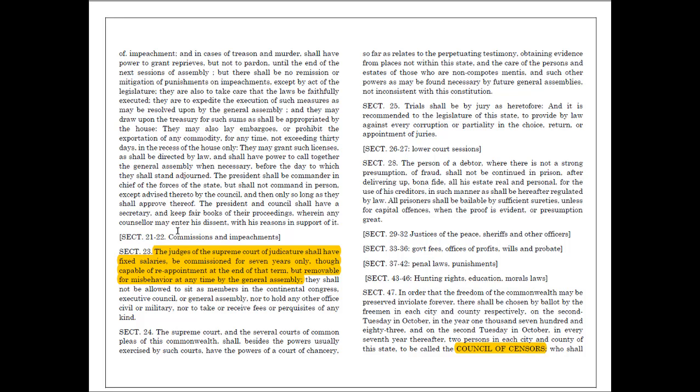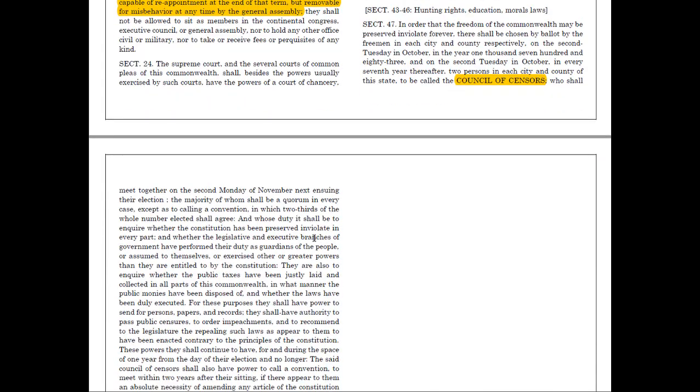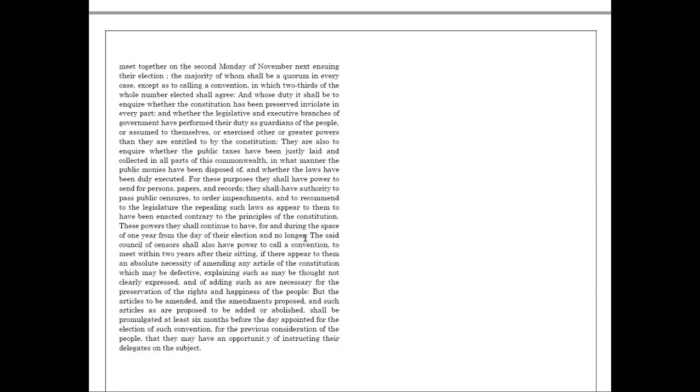It reads, "In order that the freedom of the Commonwealth may be preserved inviolate forever, there shall be chosen by ballot by the freemen in each city and county respectively on the second Tuesday, etc., and every 7th year, 2 persons in each city and county of the state to be called the Council of Censors, who shall meet together on the second Monday of the next ensuing, the majority of whom shall be a quorum."